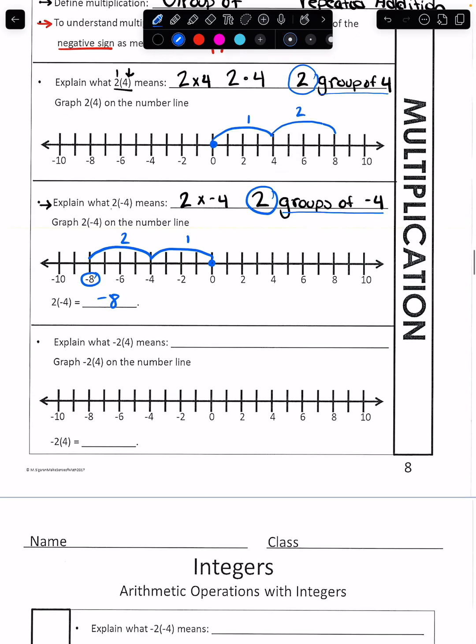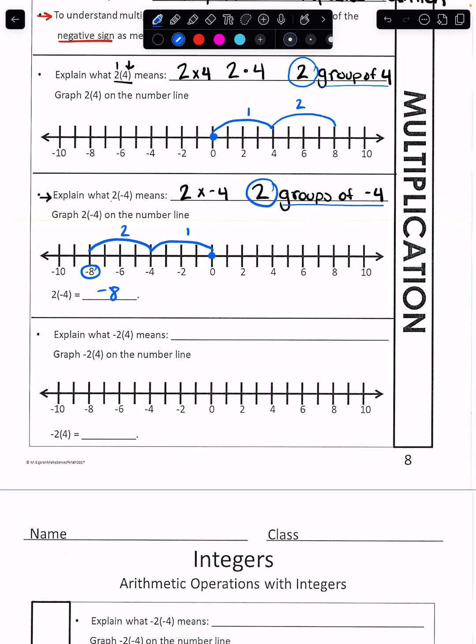All right. Last problem on this page 8. It says I have negative 2 times 4. Ooh, this negative right here means I'm going to have the opposite. So I'm going to have the opposite of 2 groups of 4. Okay? So I'm going to go on my number line.